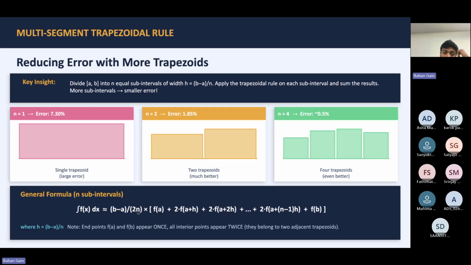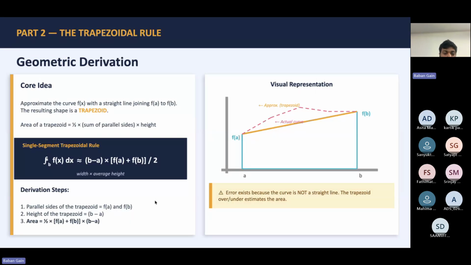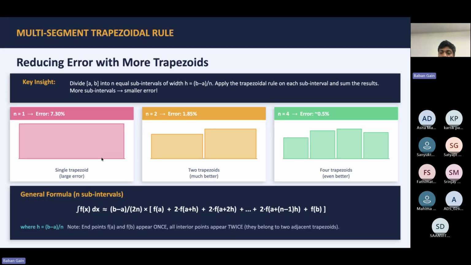If you see the formula here, b minus a into fa plus fb divided by 2, the divided by 2 is common and b minus a is also common. But since instead of calculating once you are calculating it multiple times, one value is getting considered n times. So you have to balance that by dividing by n.